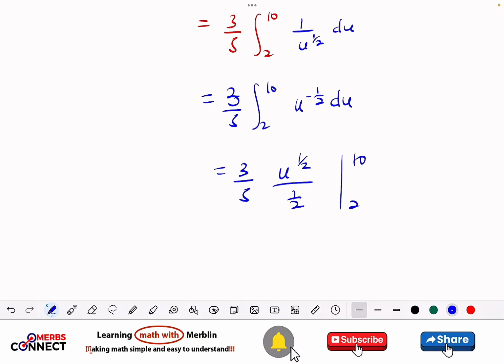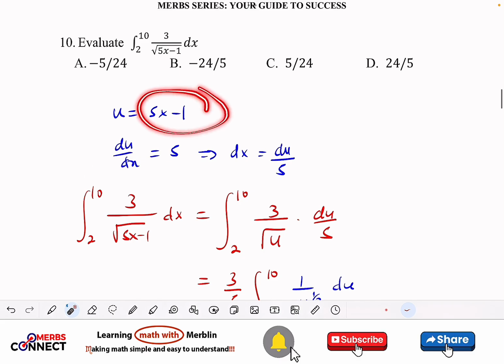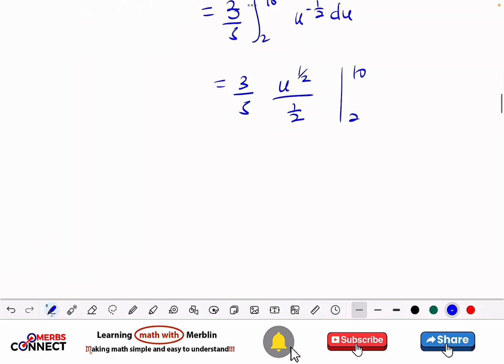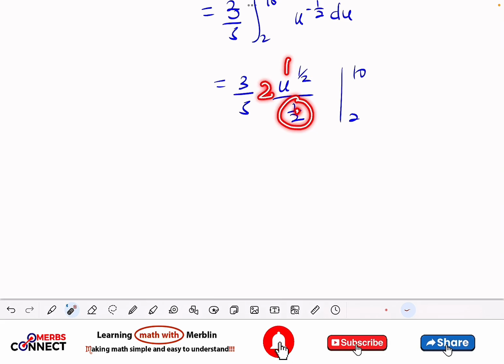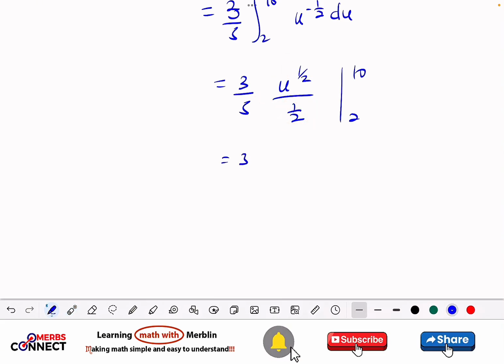But don't forget, you've not changed the limit, so we need to do substitution back to u, which is 5x minus 1. Now this is 1 divided by this, so this is going to be times 2. So I'm going to have 3 over 5 times 2, then 5x minus 1, all to the power 1 over 2, from 2 to 10.